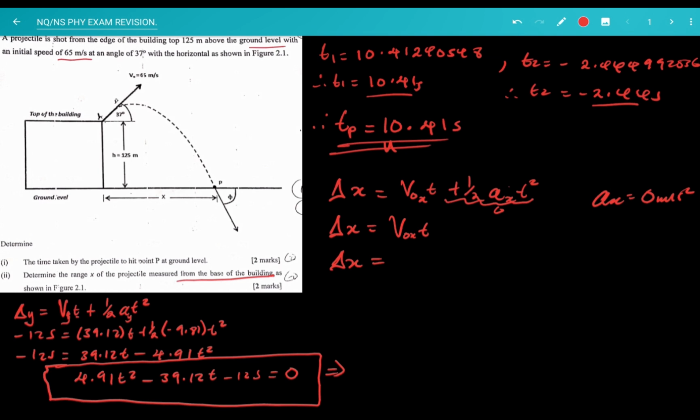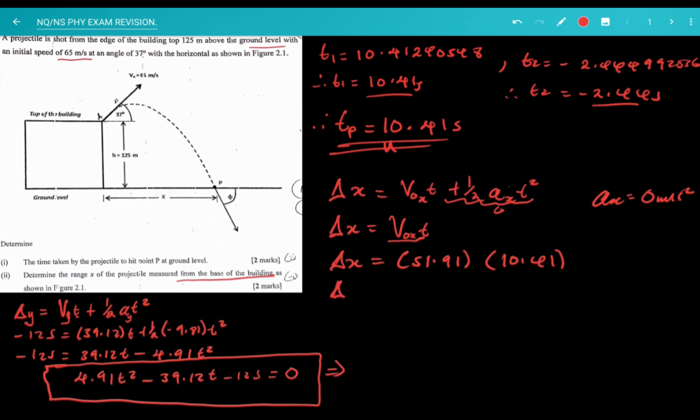So the range, which is delta x, is equal to the x component of the initial speed, which we found as 51.91, multiplied by the time it takes to occupy the range value, which is reaching point P, 10.41.